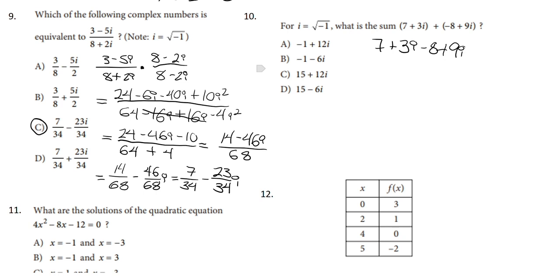Next, we have to combine like terms. 7 and negative 8 go together. 7 minus 8 is negative 1. And 3i and 9i go together. 3i plus 9i gives us 12i. And if we look at the answer choices, the answer is A.